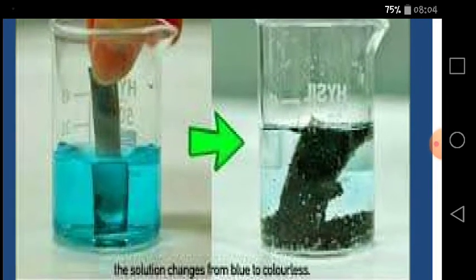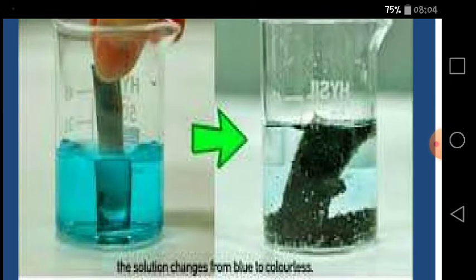You can see zinc is going to displace the copper, and in this process the heat energy is lost because this is an exothermic reaction. You can see what is going to happen. This is the copper sulfate solution, which is of blue color.